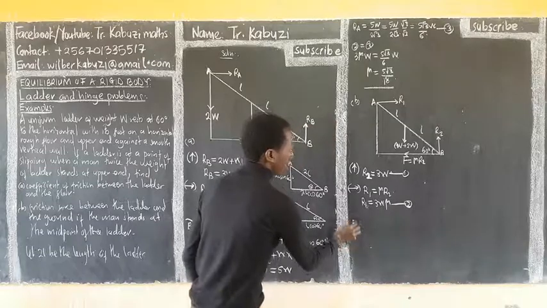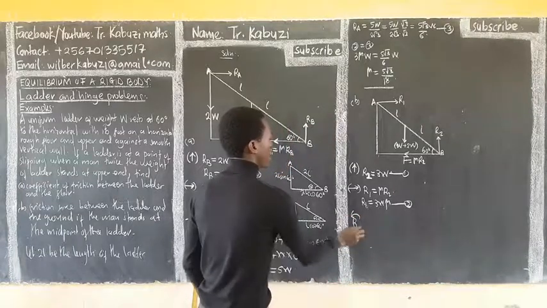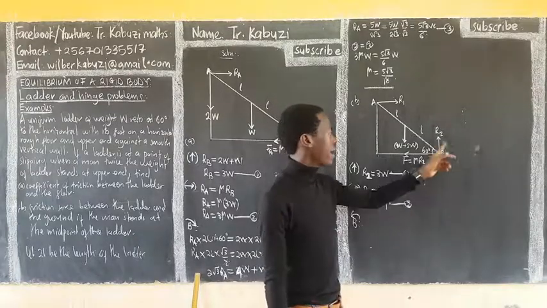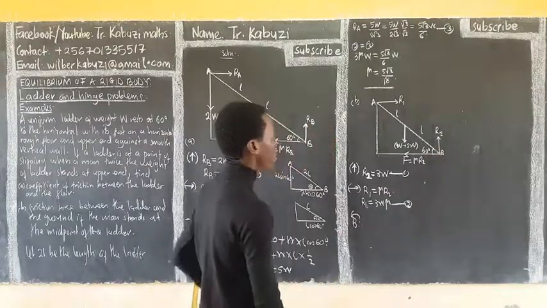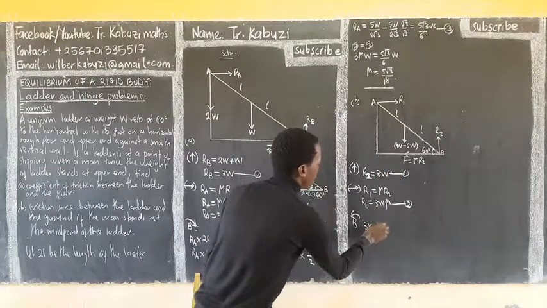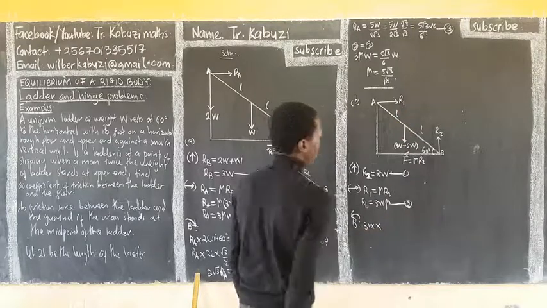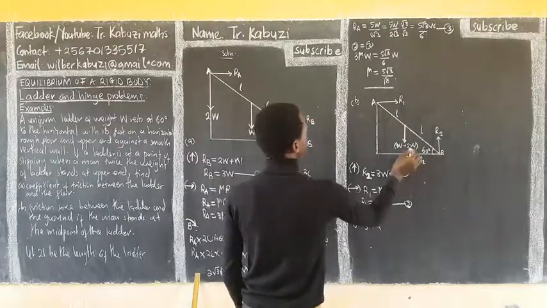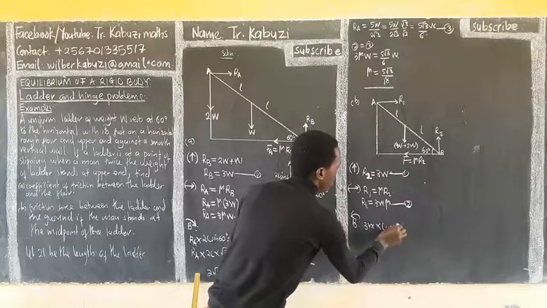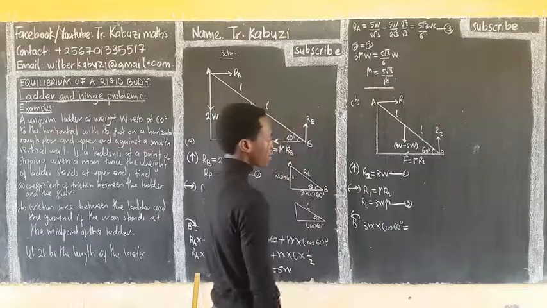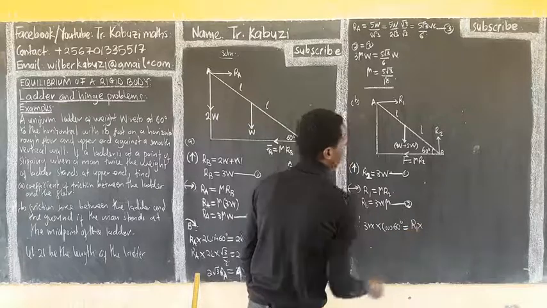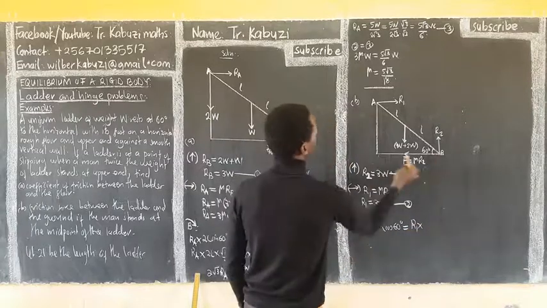Still, I'm going to take moments at B. Let me take them anti-clockwise. To take moments at B, any force coming out of B, its moment is going to be 0. So anti-clockwise, I'm going to be having 3W, times the perpendicular distance from here up to here, which is L cos 60 degrees, equaling to this force going that side, which is R1, times its perpendicular distance from here up to here.